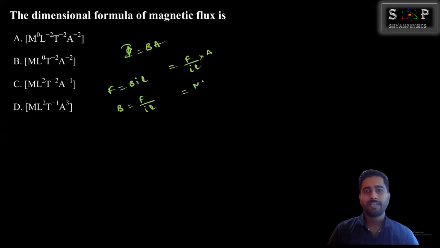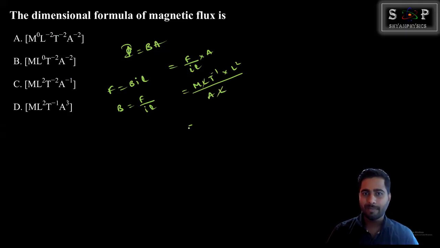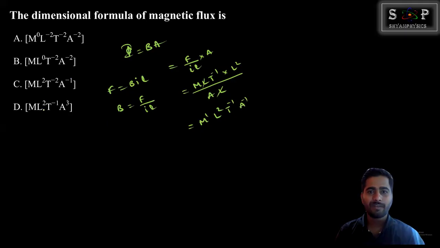For force, M L T to the power minus 1, into area L to the power 2, divided by current ampere and length meter. So one meter will be cancelled. The remaining part is M to the power 1, L to the power 2, T to the power minus 1, A to the power minus 1.